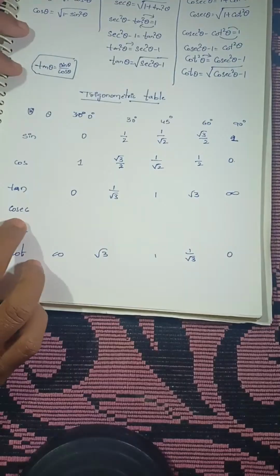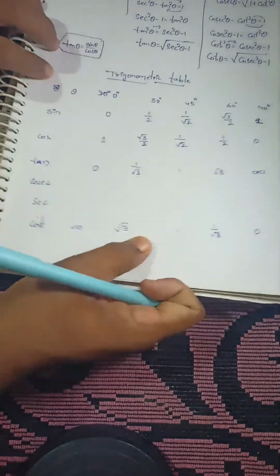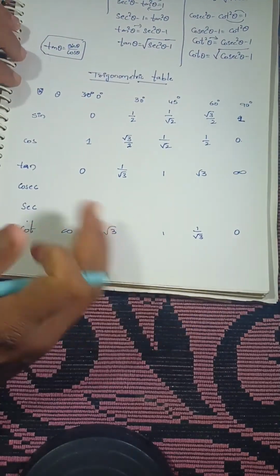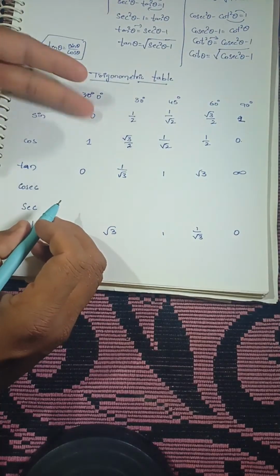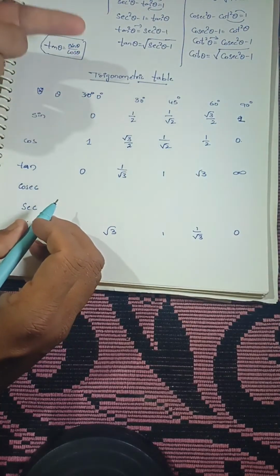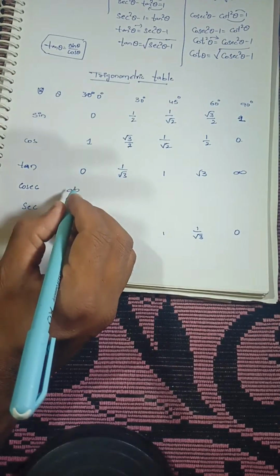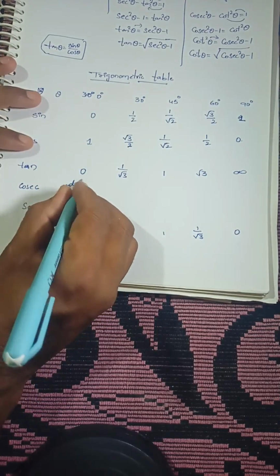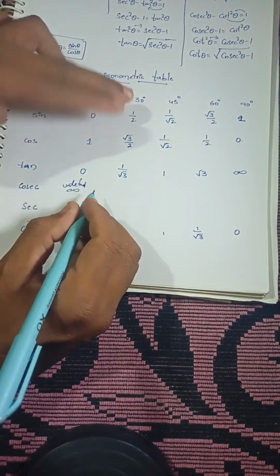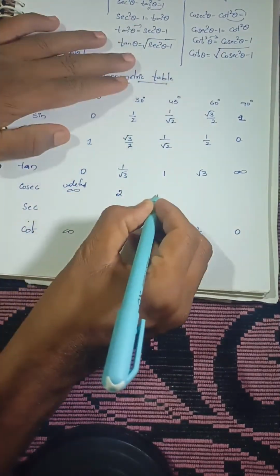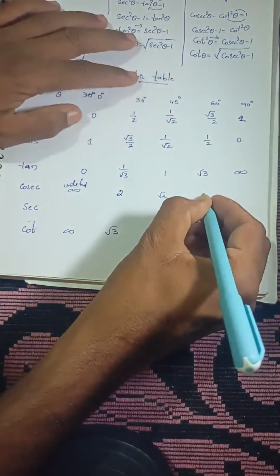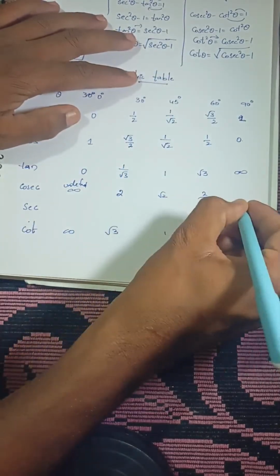Now when it comes to cosecant, see carefully. Sine, write in opposite, reverse, reciprocal. 1 by 0 value is infinity, that is undefined. You can write undefined. Now write down the reciprocal: you will get 2, reciprocal of root 2, reciprocal of sine, 2 by root 3, reciprocal of 1.